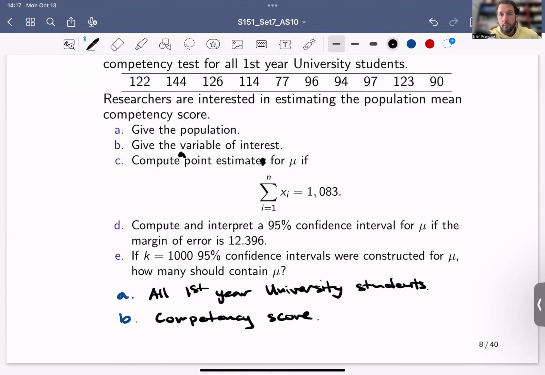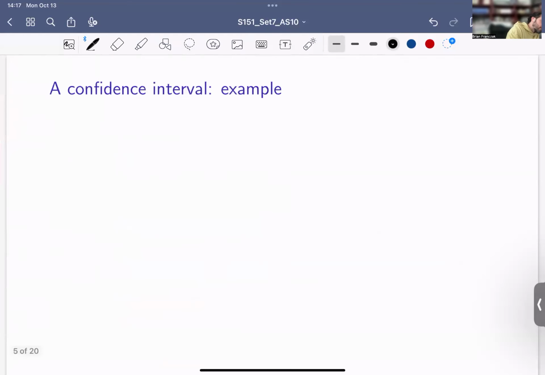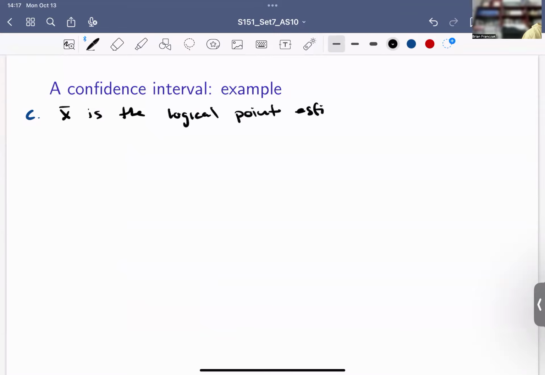All right, so we want to compute a point estimate for mu. The logical point estimate for mu is the sample mean. The sample mean is the sum of the xi divided by little n. So here we have x bar is the logical point estimate for mu.